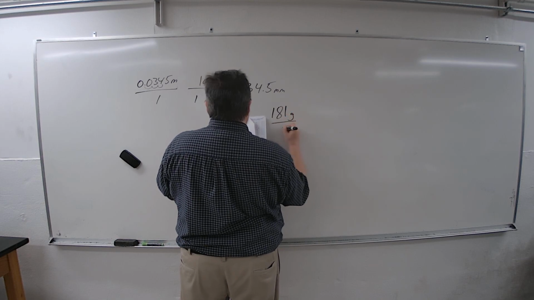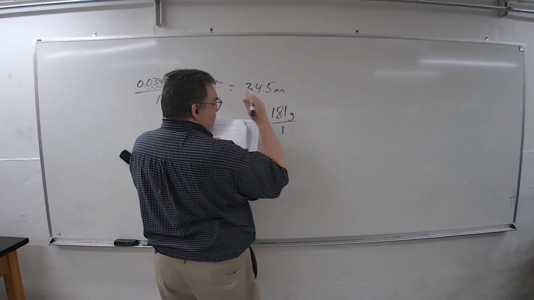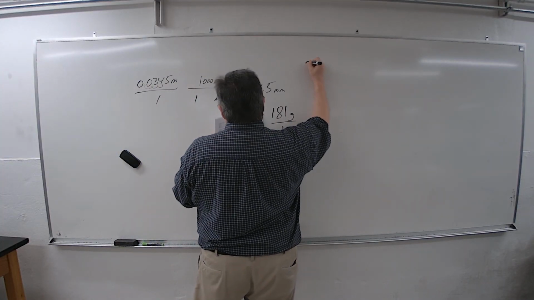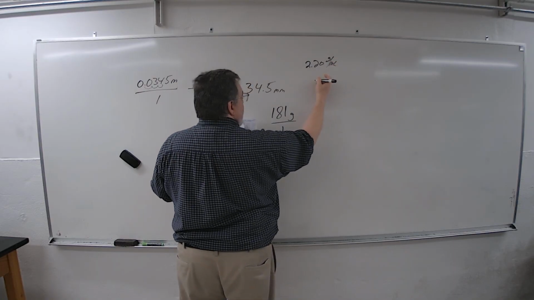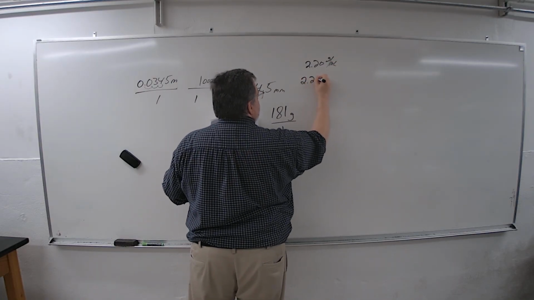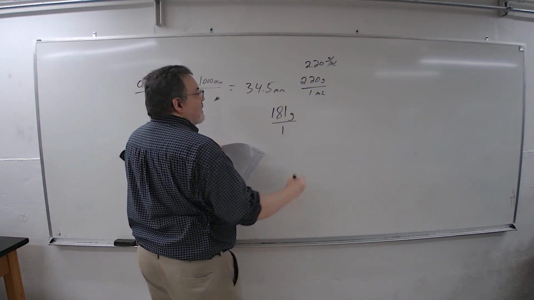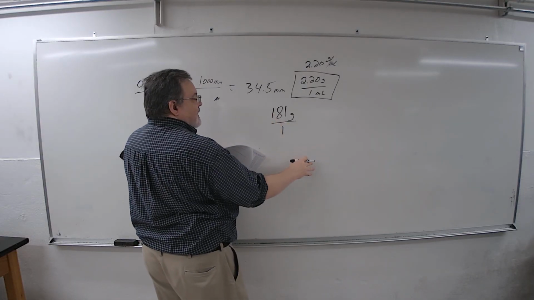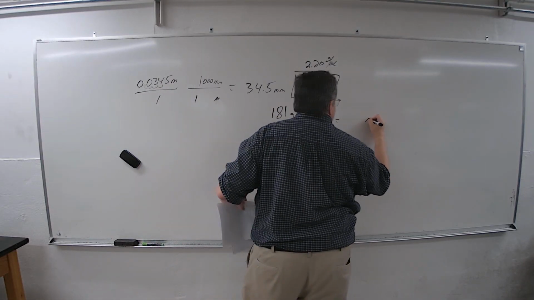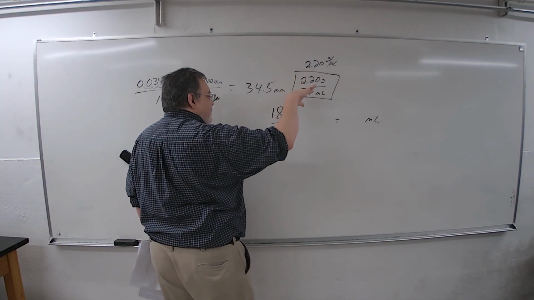So 181 grams. What is the volume? And you're given density. Density is 2.20 grams per milliliter, or the way I tell you to write that is 2.20 grams to 1 milliliter. So you're going to use that, but you need the grams to cancel and to end in milliliters. So I can't use it the way it is, I need to flip it over.